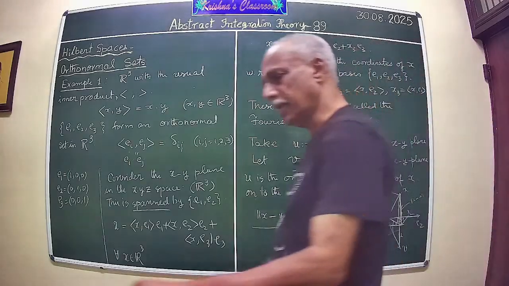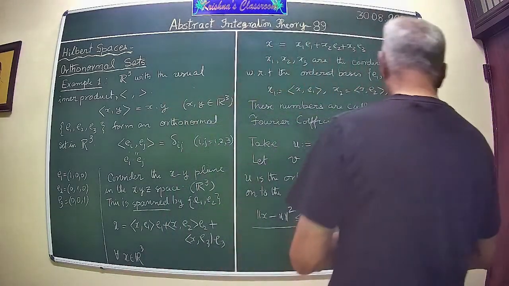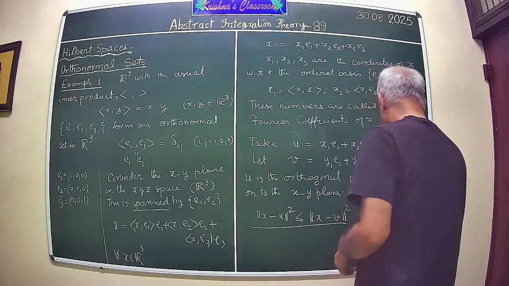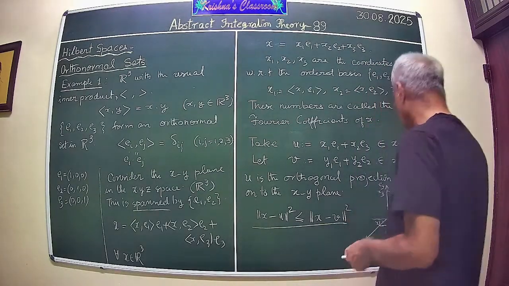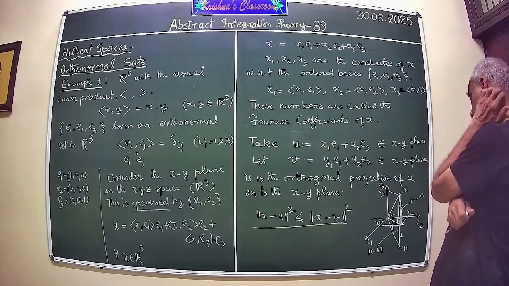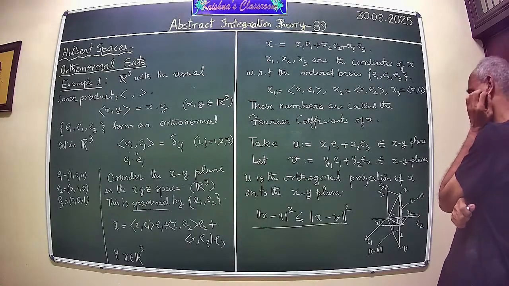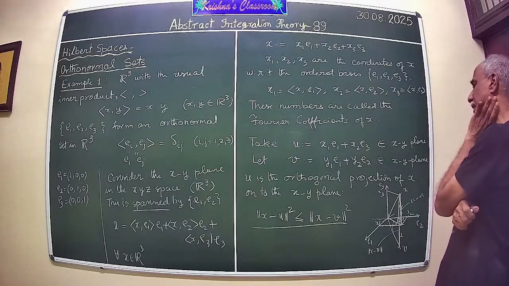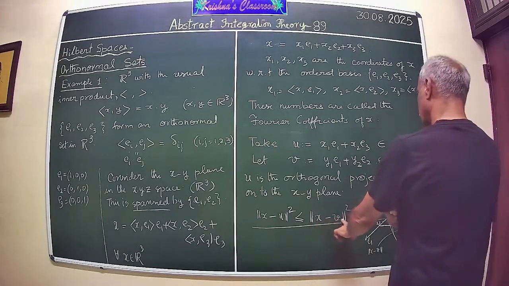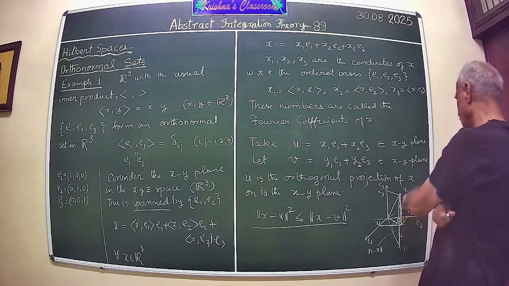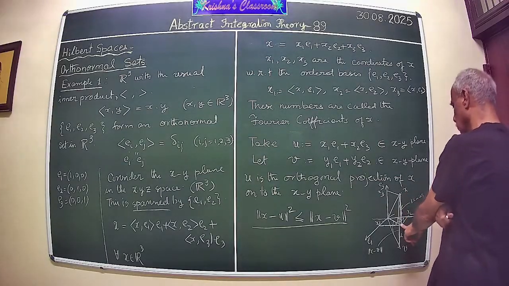It says that if you take any vector in the subspace spanned by E1 and E2, then the distance of x to that vector is greater than or equal to the distance of x to u.